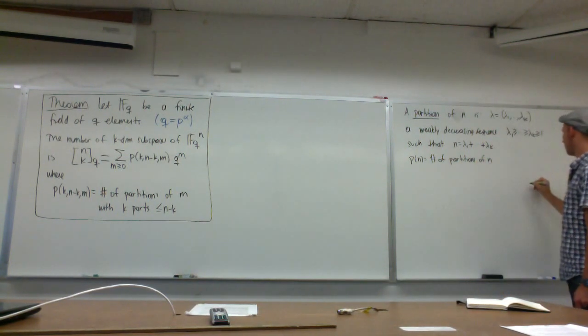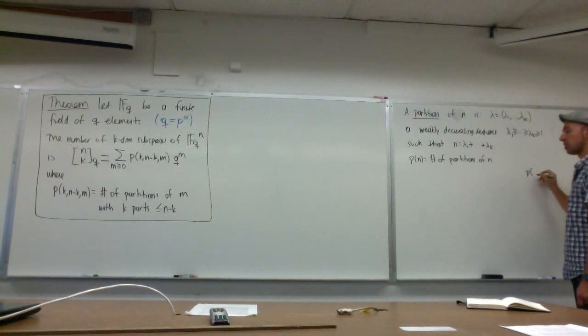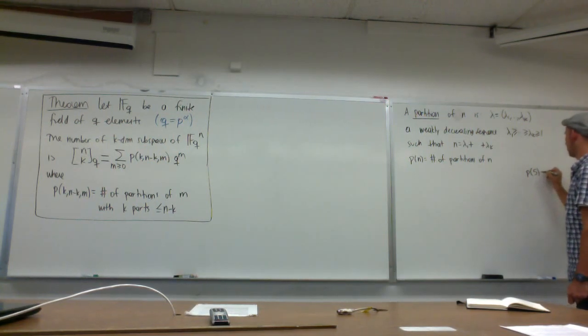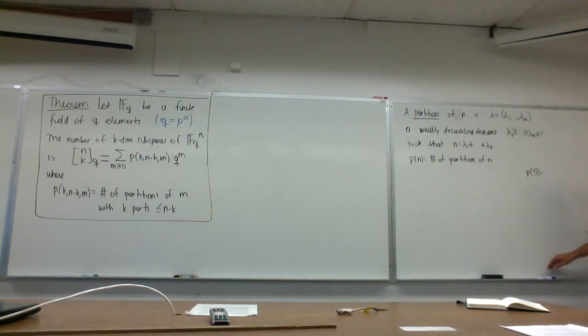So for example, if we do P of 5, we need to write 5 as a sum of positive integers. So there's many ways of doing it. 1 plus 1 plus 1 plus 1 plus 1, or 2 plus 1 plus 1 plus 1, or 2 plus 2 plus 1, or 3 plus 1 plus 1, or 3 plus 2, 4 plus 1, or 5.